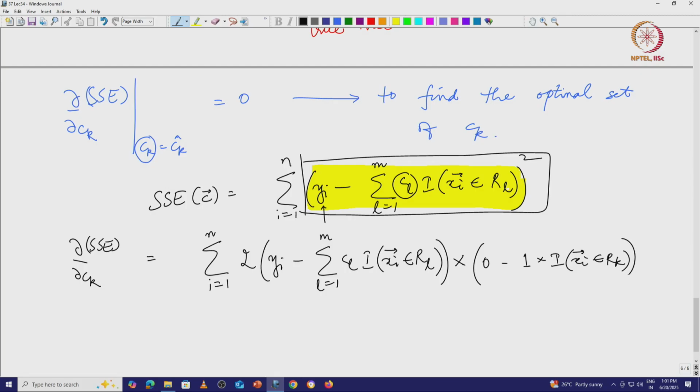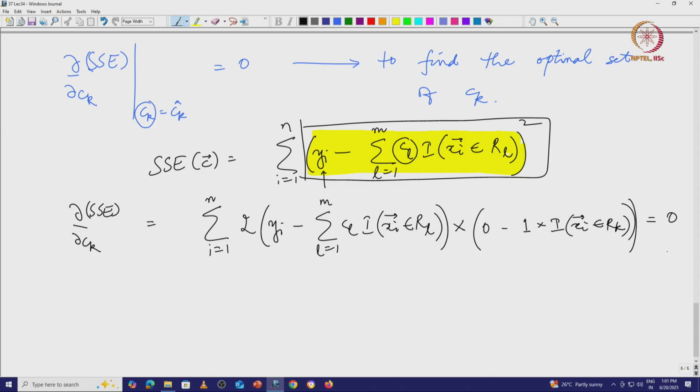I hope it makes sense what I have written here, and this obviously you have to set to 0 for getting the optimal value Ck hat.